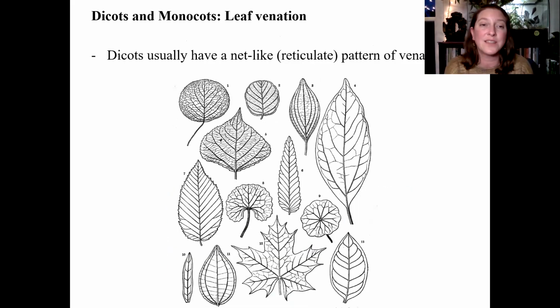So dicots usually have this net-like pattern of venation, or reticulate is another way you can say that, but net-like is fine. So here's a bunch of different dicots, and they all have this net-like venation. Now you might be looking at these and saying, well, Rebecca, this sure looks like parallel venation to me.